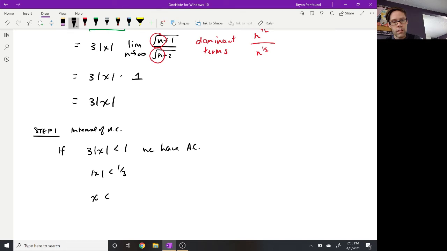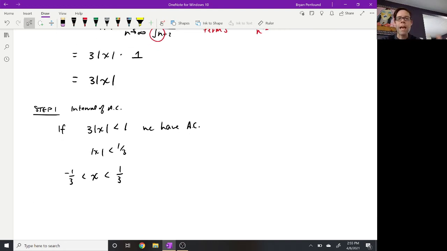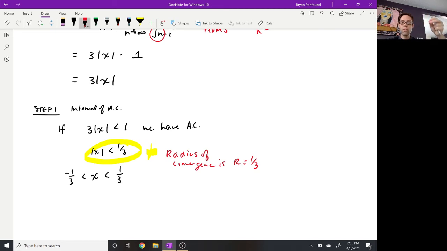And then we can expand this out, get positive 1/3, negative 1/3, and we have our interval of convergence. I guess we don't have the endpoints yet, but I do have a little bit of information. I know as soon as I get to here, I have the radius of convergence. So the distance from the centermost point out to our boundary numbers should be 1/3.